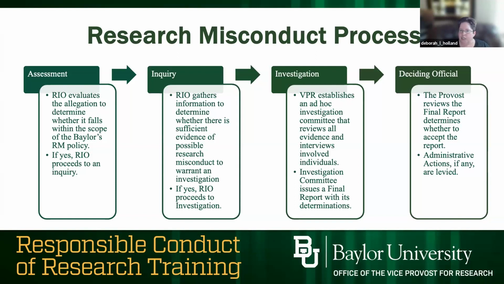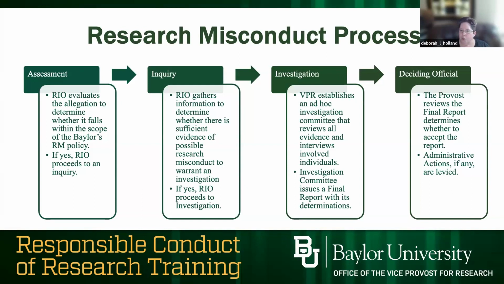We usually institute a committee of at least 3 individuals, sometimes more, depending on the expertise that's needed. It may be all internal, it may include external members, depending on the circumstances. So there's no hard and fast rules about who is on the committee, but we do try to establish a fair balance of individuals.